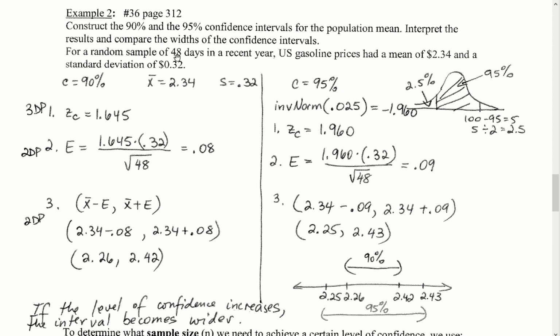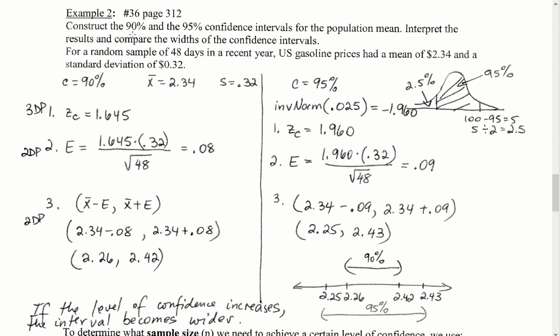That 48 will become extremely important because that's more than 30 or more. So that means we will be able to do a Z interval ultimately. They tell us that in this sample of 48 days, gasoline prices had a mean of $2.34 and a standard deviation of 0.32.